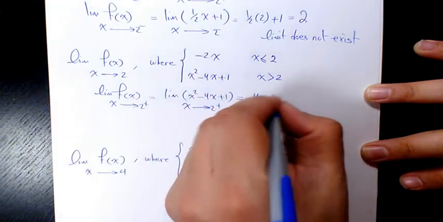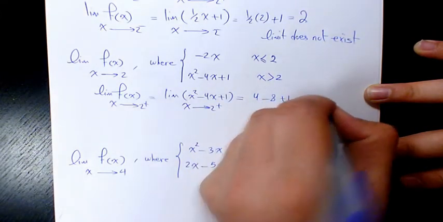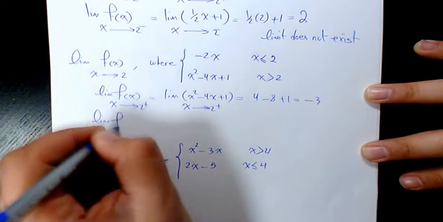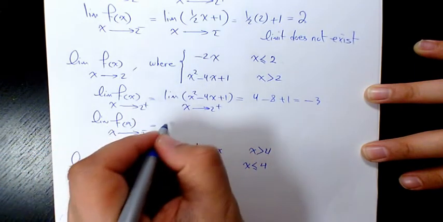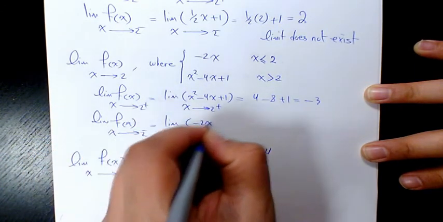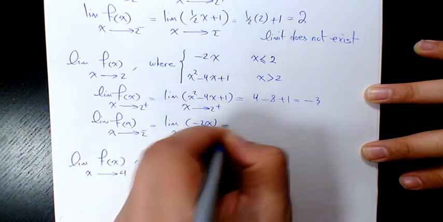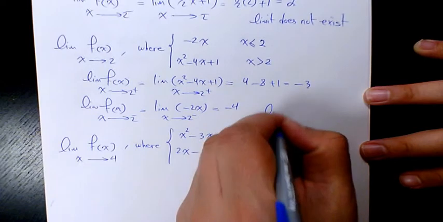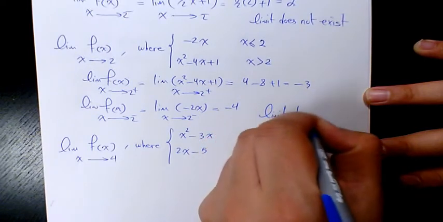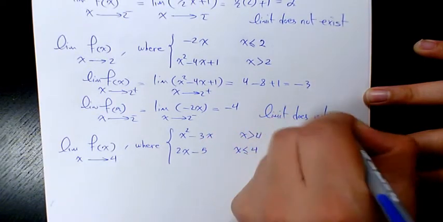That's going to be 4 minus 8 plus 1, which is going to be negative 3. And limit of f of x when approaching 2 from the left is going to be limit of negative 2x when x is approaching 2 minus, which is going to be negative 4. So limit does not exist.